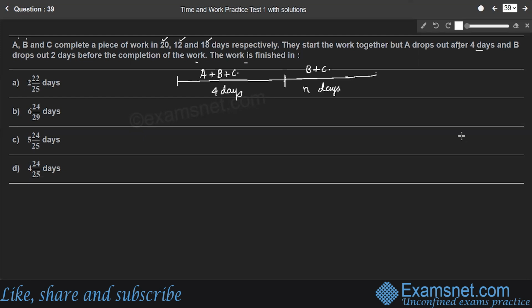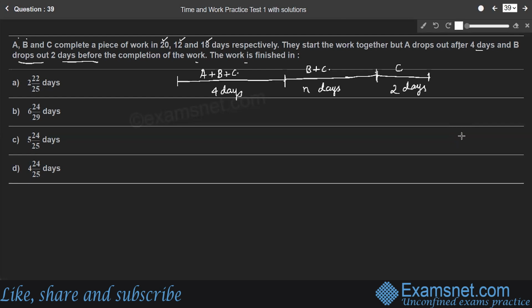B drops out 2 days before the completion of the work, so for the last 2 days only C will be working. The remaining work will be finished by C in 2 days.